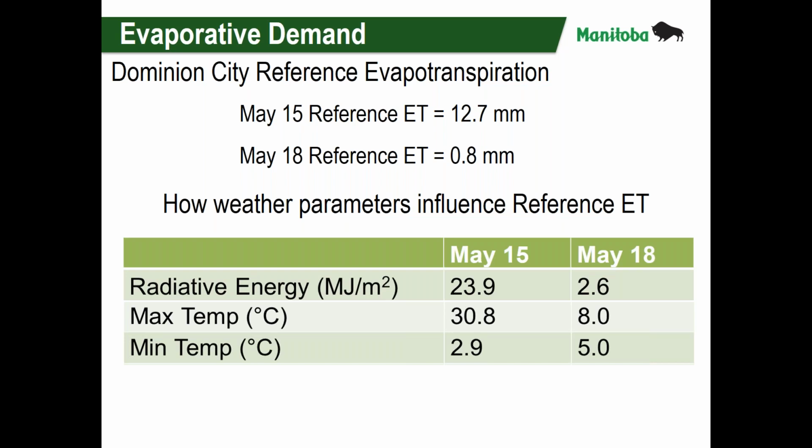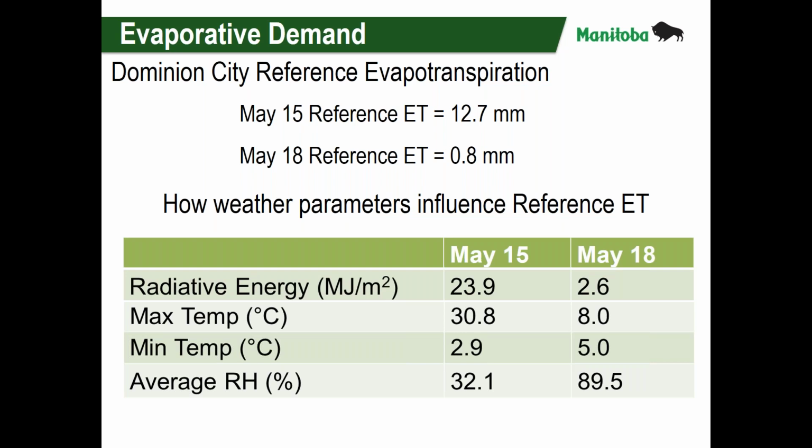When you have a large temperature difference, it helps to drive evaporation, and that simply means you have a cloudless sky. Compared to May 18, where the temperature gradient was very close, just about 3 degrees difference, that would have been a very cloudy day, and reference evapotranspiration was quite low.